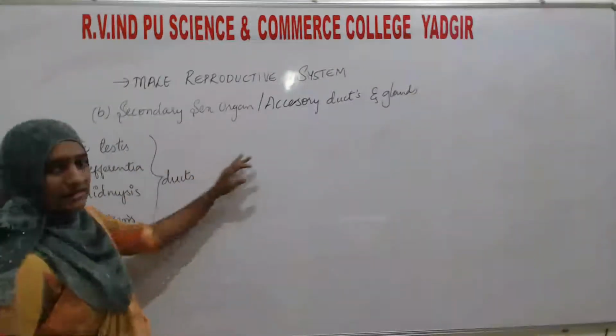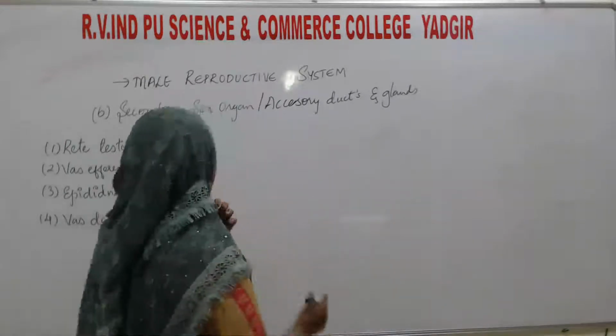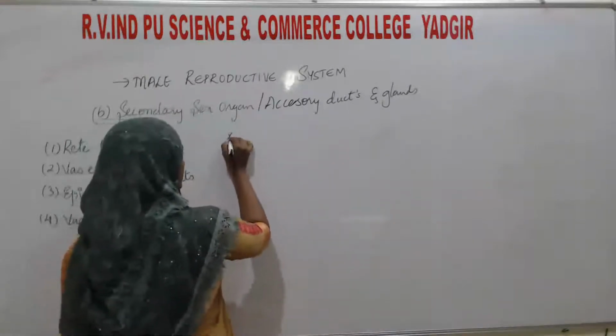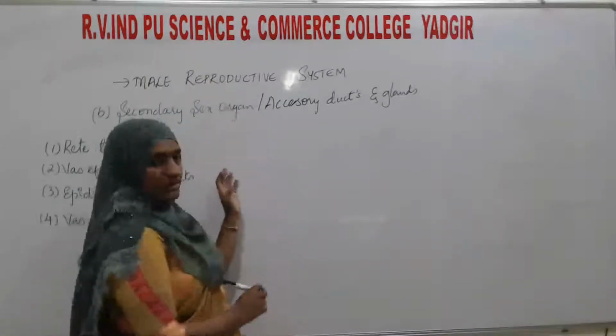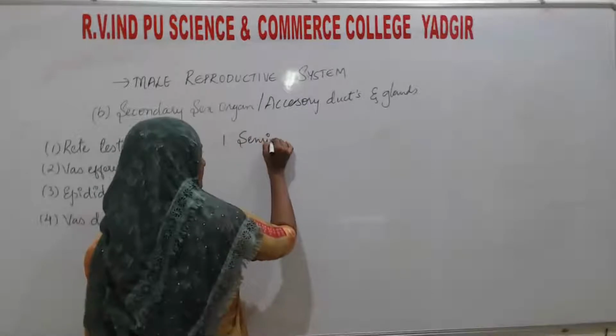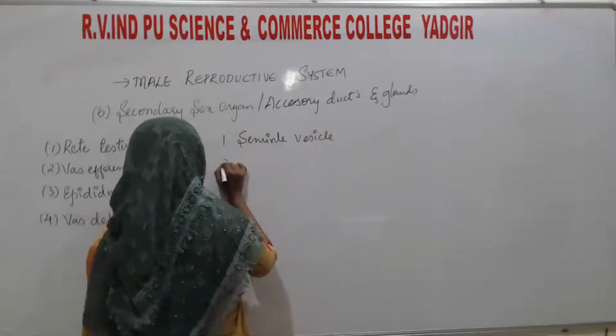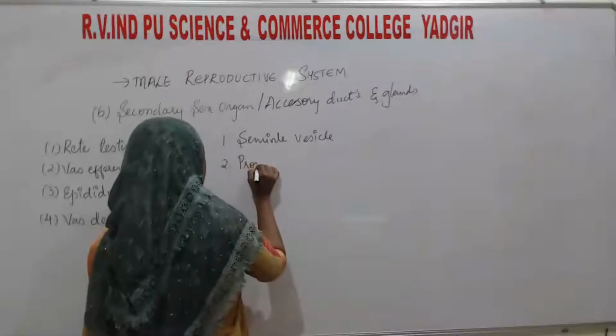And what are the glands which are located in the male reproductive system? Three glands are there. First is seminal vesicle. Second is prostate.